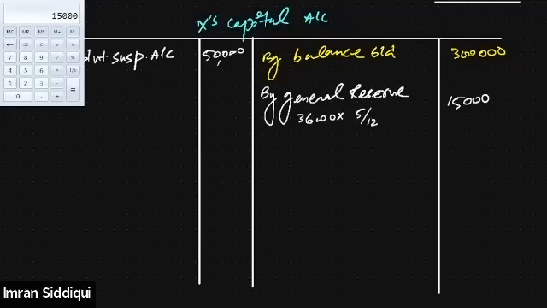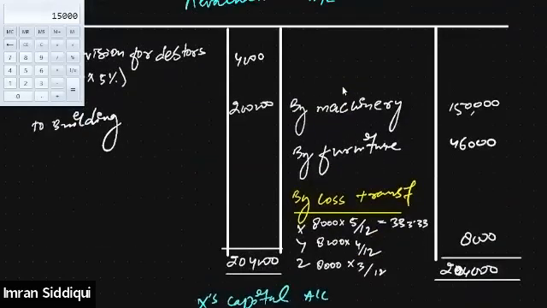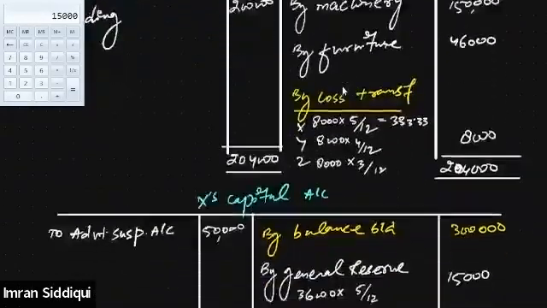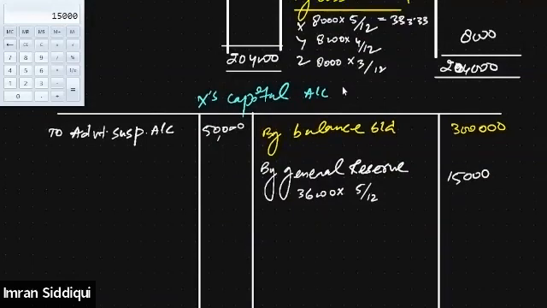And we had a revaluation loss as well, na? Let me check. Revaluation loss was, in case of X, the loss will be 8,000 into 5 by 12.